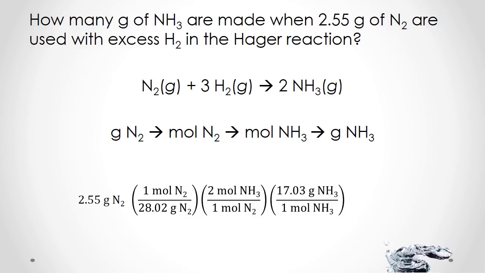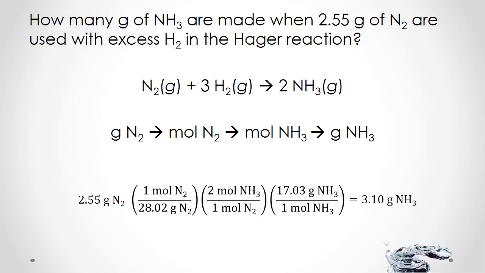And we do that by using the molar mass of NH3, which is 17.03 grams. So 17.03 grams of NH3 on the top and 1 mole of ammonia on the bottom. And we go through, type all this into our calculator, and we're going to get 3.10 grams of NH3.